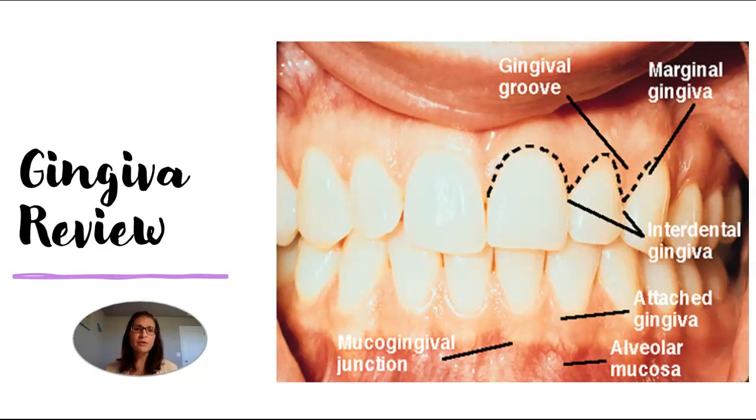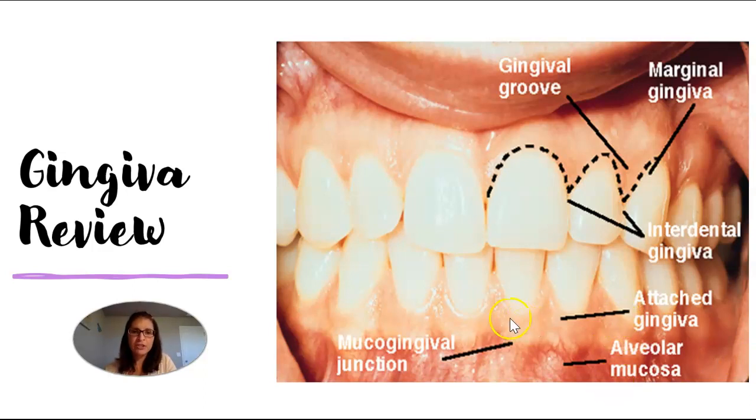But in order to have a good understanding of periodontics, especially if you're possibly wanting to pursue a career as a periodontal assistant, and definitely if you're going on to pursue a career as a dental hygienist, you have to be very knowledgeable when it comes to the gum tissue and understanding the various types and what their purpose and function is. So to get into a little bit of a review here, we know that we have a couple of different types of tissue.